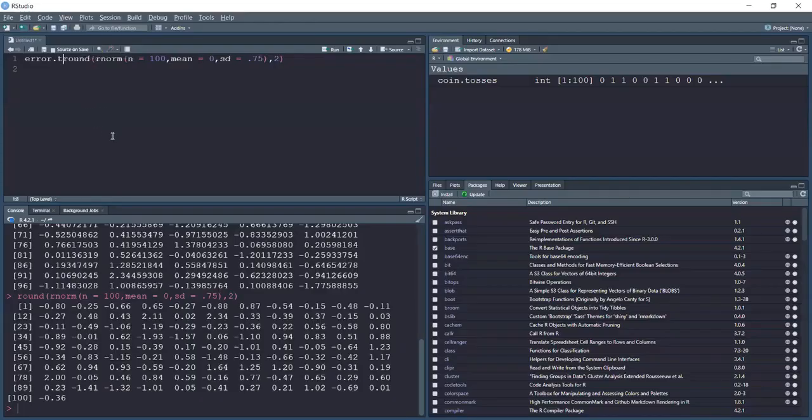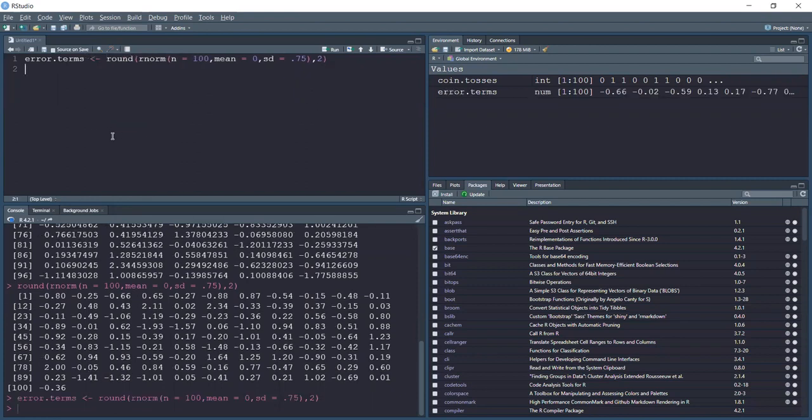Let's call these our error terms. So I've saved it as error terms. It's these 100 values. We can calculate the mean. We're expecting it to be close to 0, close in inverted commas, of course. Mathematically, the word has little meaning.